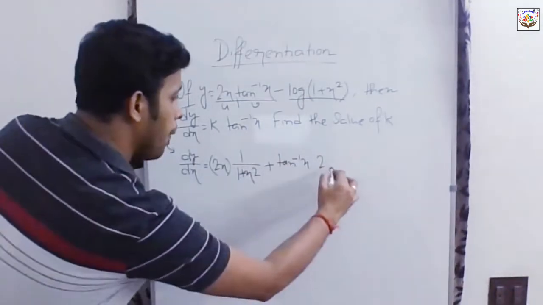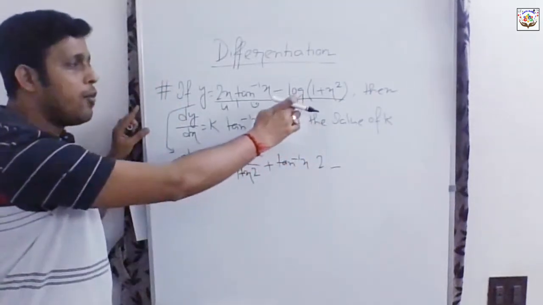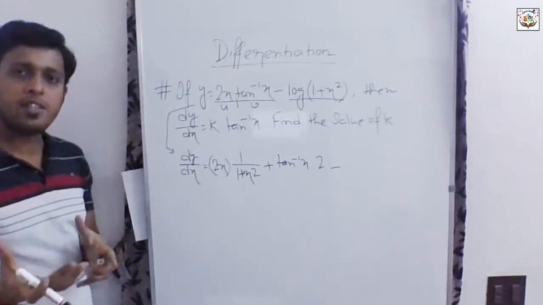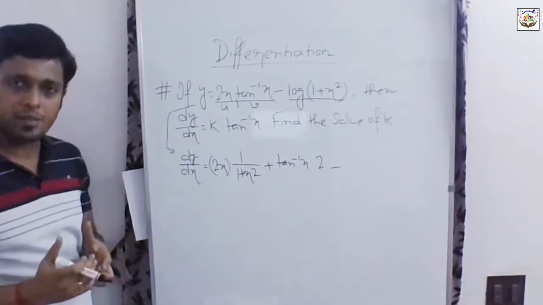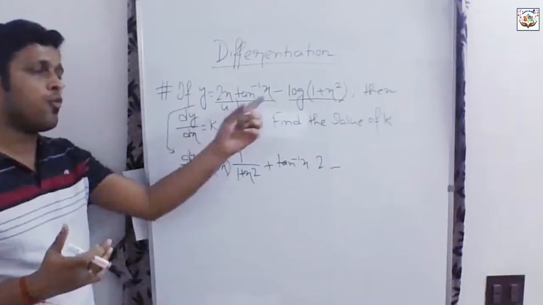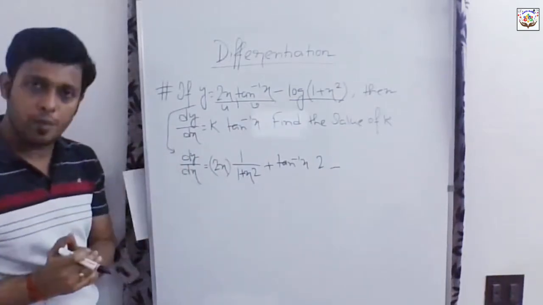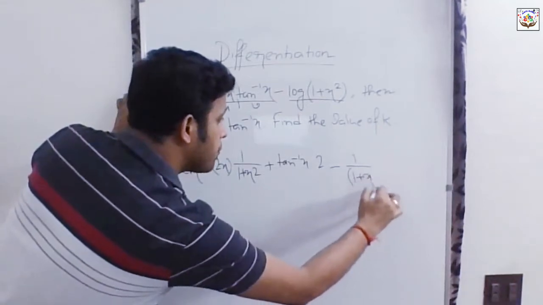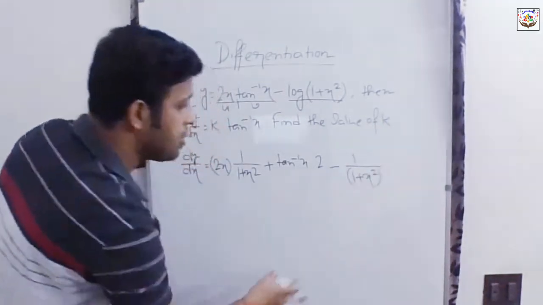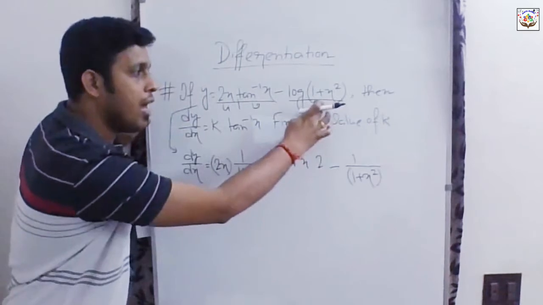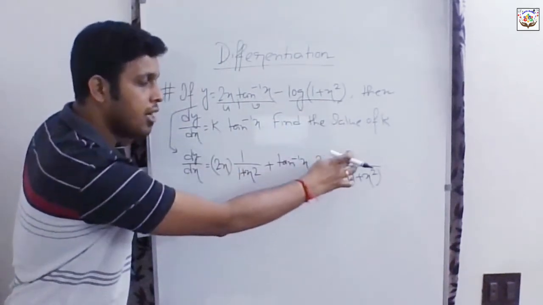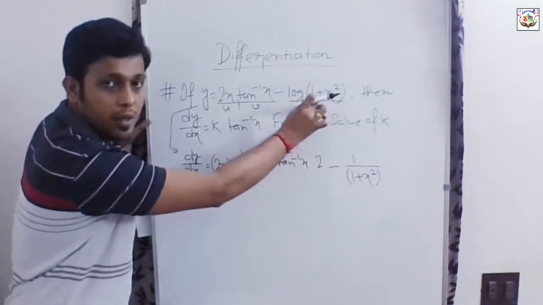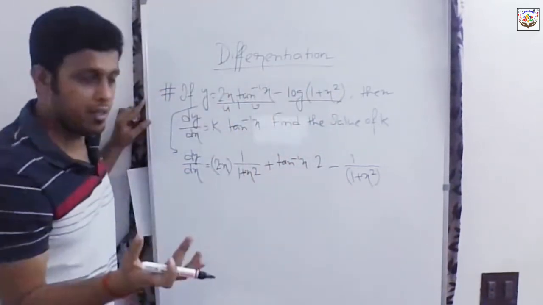Now minus, now we need to differentiate log of 1 plus x square. So we know the differentiation of log x is 1 by x. So the differentiation of log of 1 plus x square will be 1 by 1 plus x square at first. Then we need to again differentiate this section. If it would have only x, then we can easily write 1 by x only. But instead of x, whatever be the term here, we need to again differentiate it.